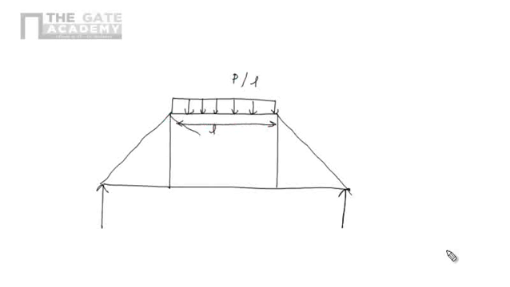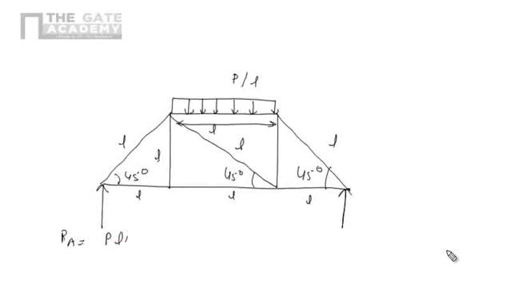This length is L. Here there is one more, length is L, L, L. All are having the same length. These angles are 45 degrees, 45 degrees, 45 degrees, and we know RA equals to PL by 2. Here RB equals to PL by 2. That is point B. A, C, D, E, and F.